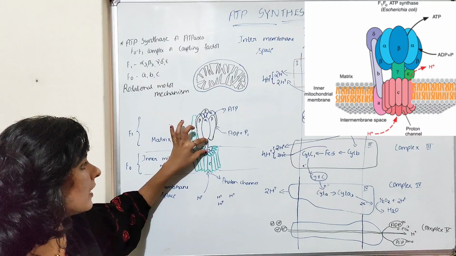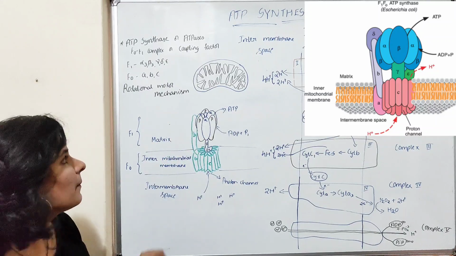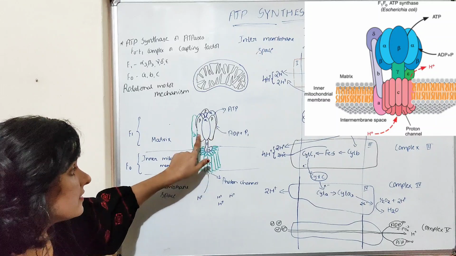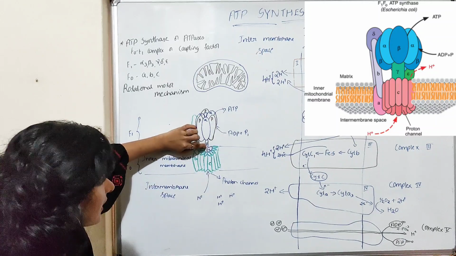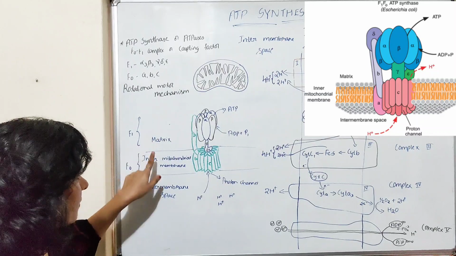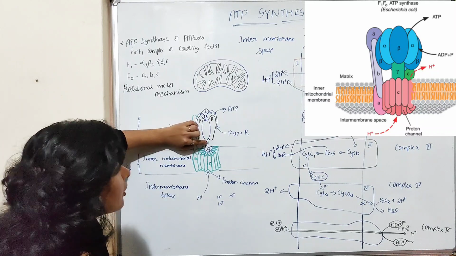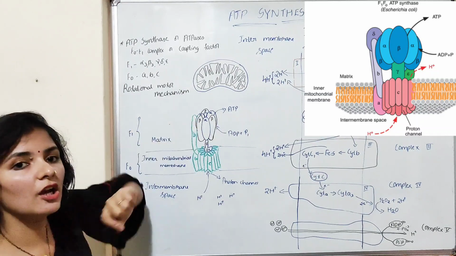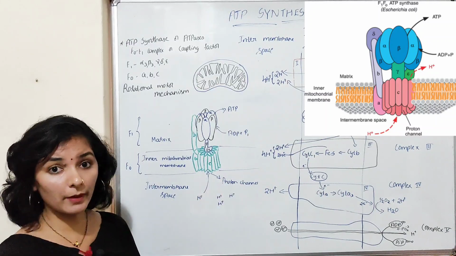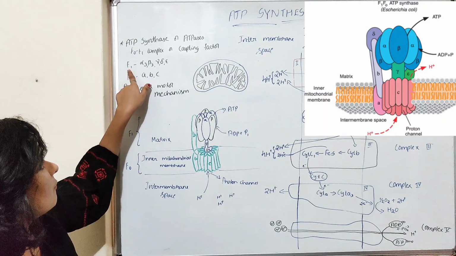Out of these 3 subunits, it is actually the gamma subunit which forms a stalk that connects the F1 complex and the F0 complex, and it is only the gamma subunit which will rotate when the proton passes through the proton pump. So that is about the F1 complex.